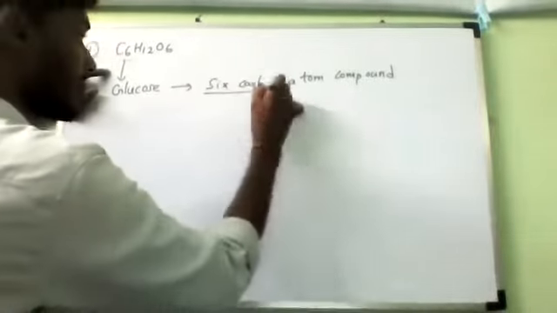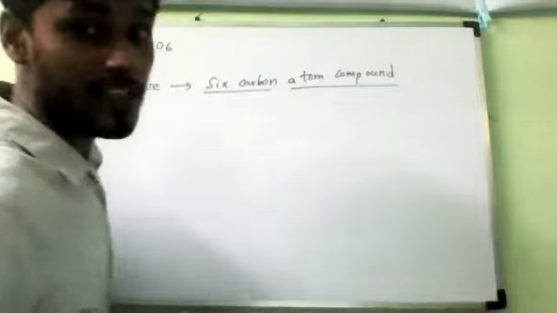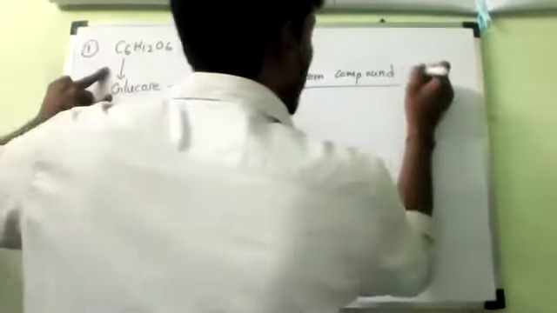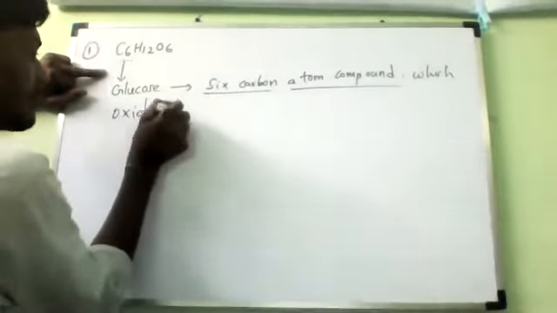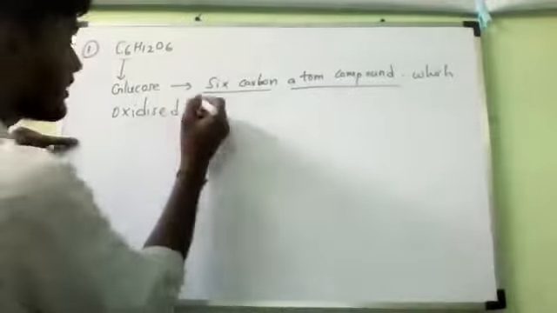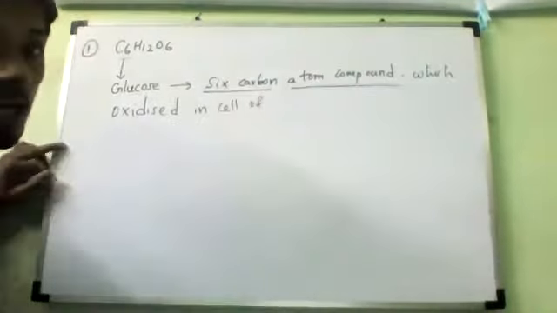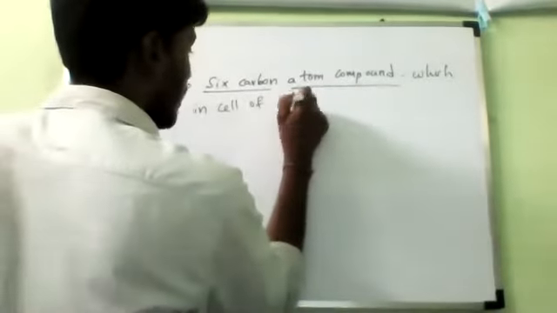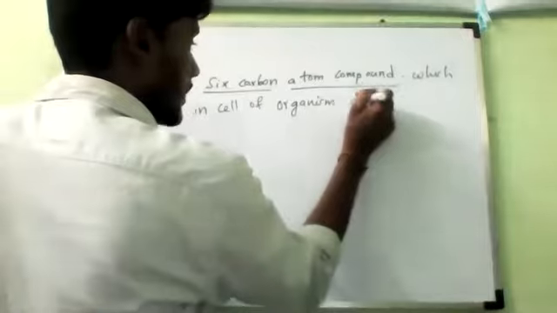Glucose is the 6 carbon atom compound which is oxidized in the cells of the organism during which reaction?